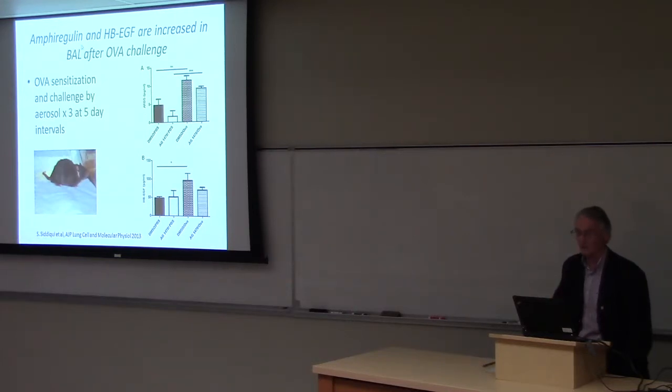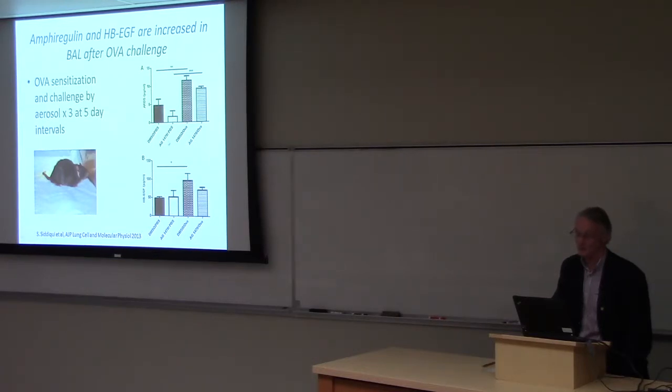There are about half a dozen ligands for this receptor, and 2 of them here, amphiregulin and heparin-binding epidermal growth factor, are both increased in the airway lavage fluid of animals that are given these allergen challenges. So if you give the animal 3 challenges, and then you lavage the lungs and measure these ligands, you find that they are increased in the animals that are exposed to the allergen.